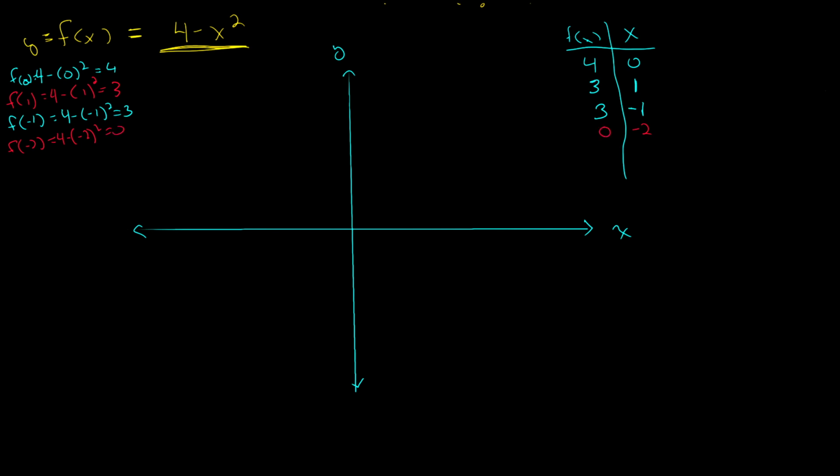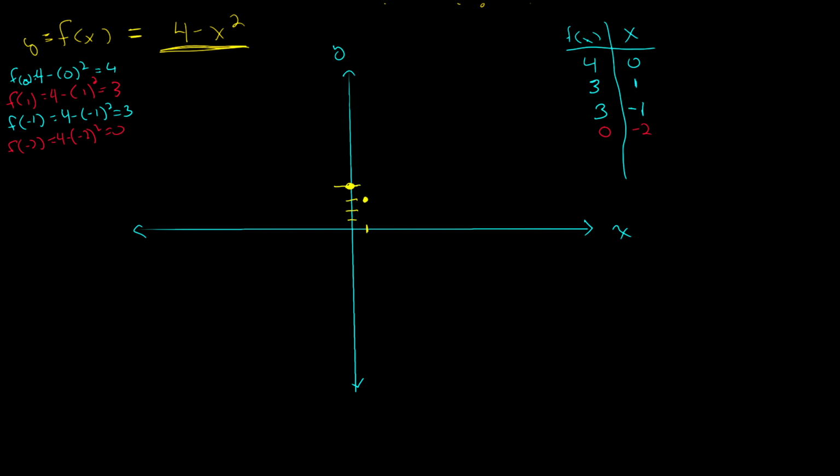So I'm going to plot these points. I think I'll make it bright yellow. And so the first one, I have at x equals 0, my y is 4. So I'm going to come up 1, 2, 3, 4. So I'm going to be here. Now when x is 1, my y is 3. Right? I'm working my way through each of these points.